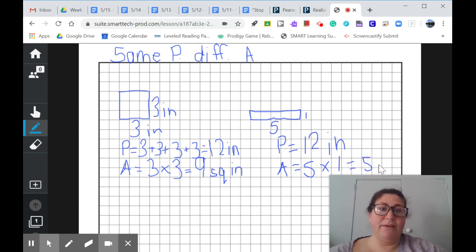So it would be 5 squared inches, or inches squared. That's just like a little shorthand for it. So that would be a shape that has the same perimeter, but a different area. Notice how we have 12 and 12 here, and that the areas are different.